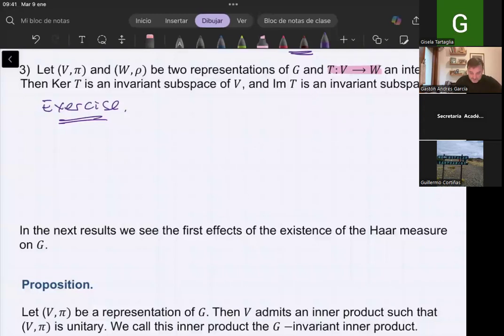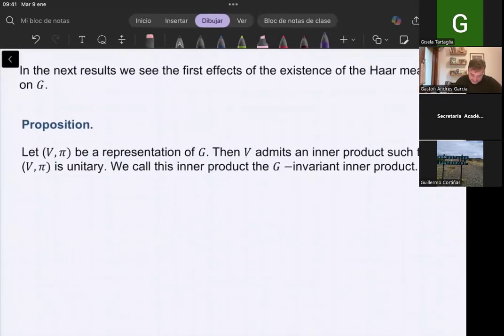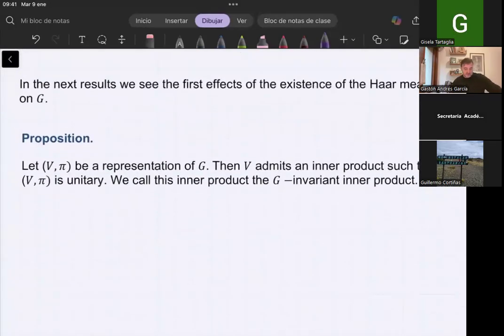Okay, so let's continue. The first thing is that we talk about unitary representations. A unitary representation is a representation where all the elements, when we see them as linear maps on the vector space, are unitary.